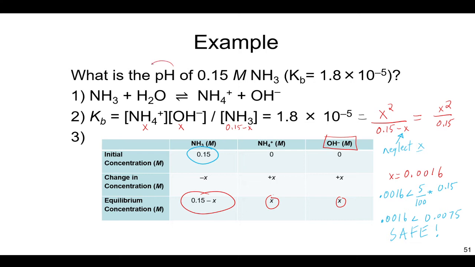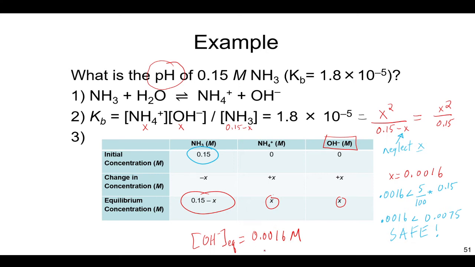So to get the pH, realize that we have pOH. We need to take this x value that represents our OH minus at equilibrium, and I need to convert that into H plus before taking the negative log.